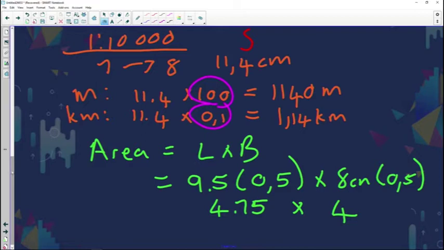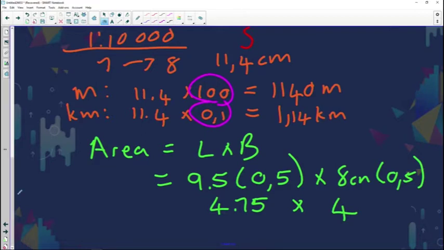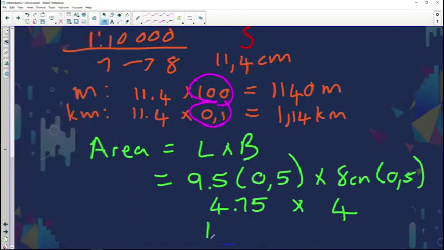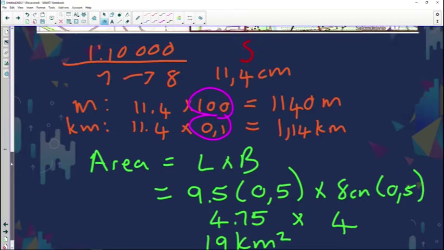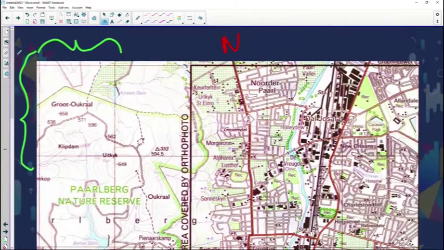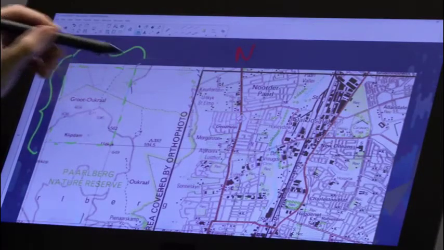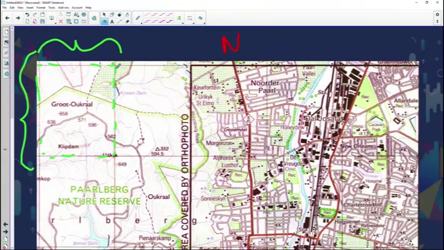And once you've calculated length and the breadth with the formula for topographical map, you calculate them with one another. So it's 4.75 times 4, and that gives us 19 square kilometers. So in fact, this whole area where this grid is situated is 19 square kilometers.